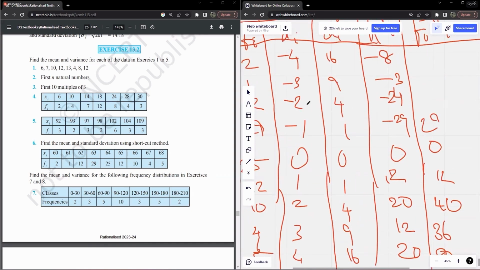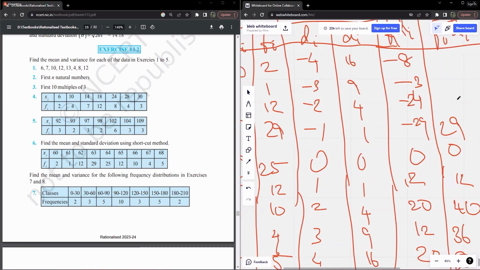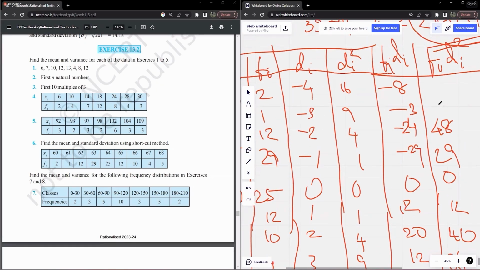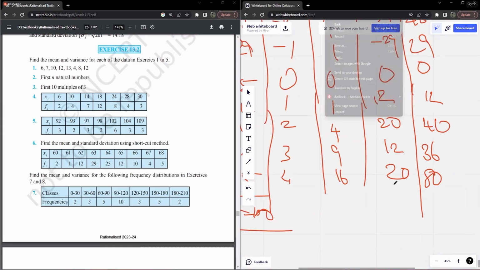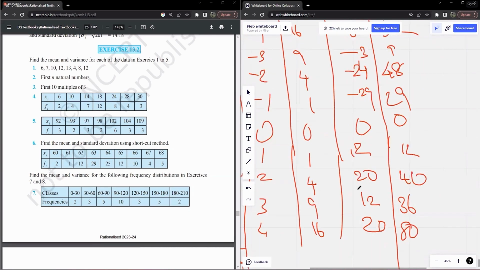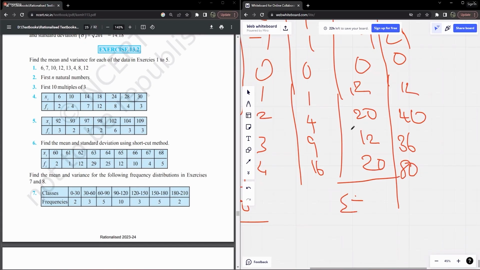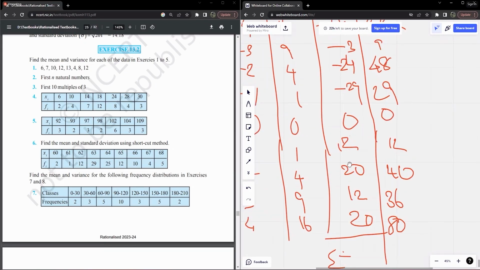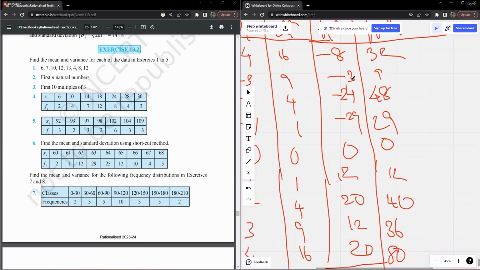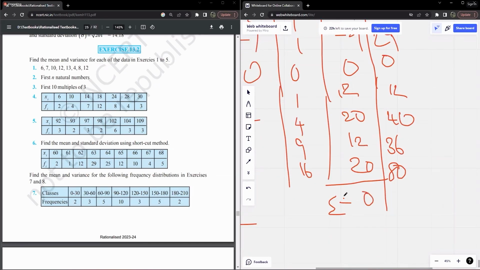This will be a 29. This will be 12 fours are 48. This will be 1 into 9, that's 9. And this will be 2 into 16. So we'll have sigma of this being 64. The summation of this is basically 0. And the summation of this is going to be 286.